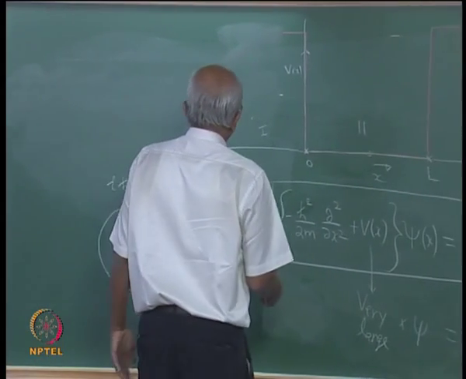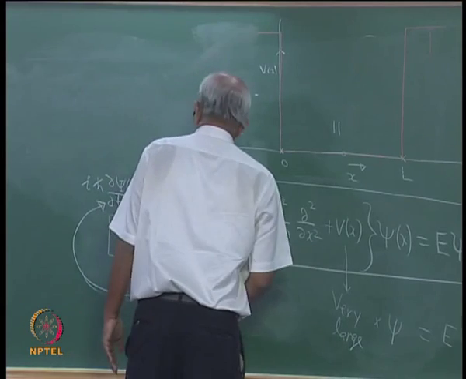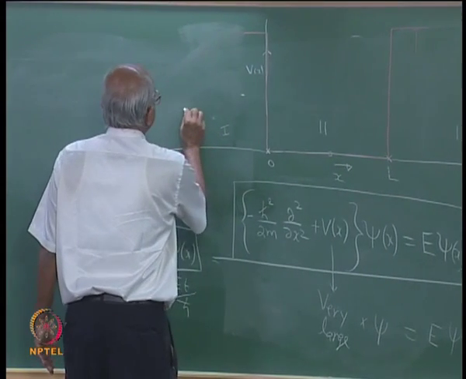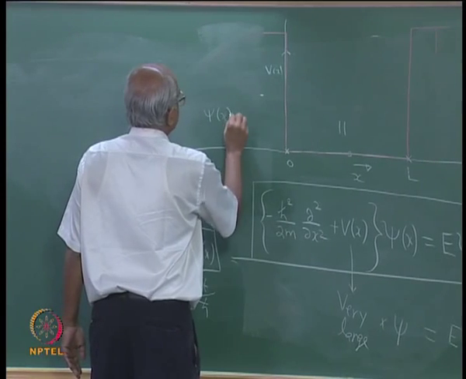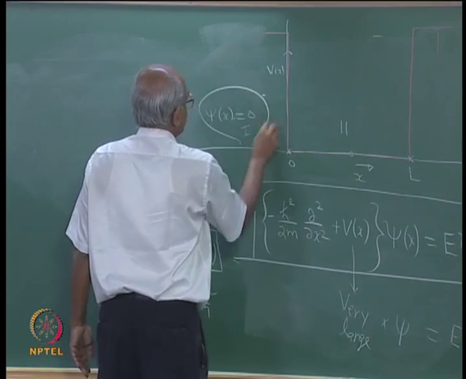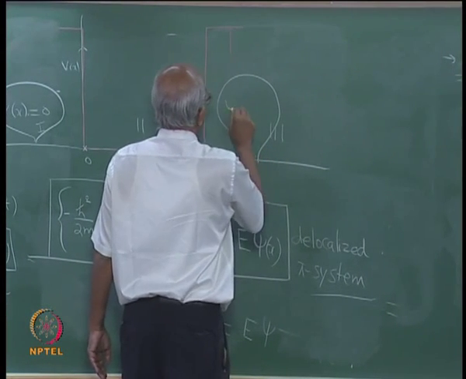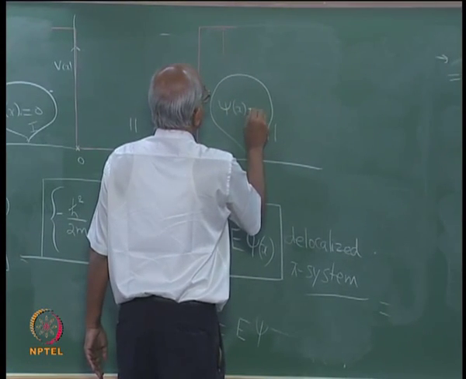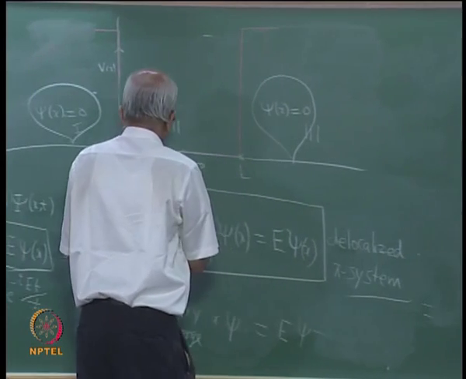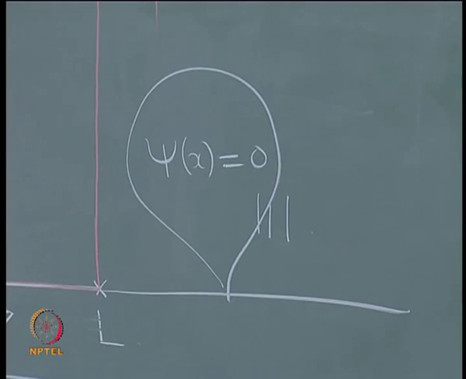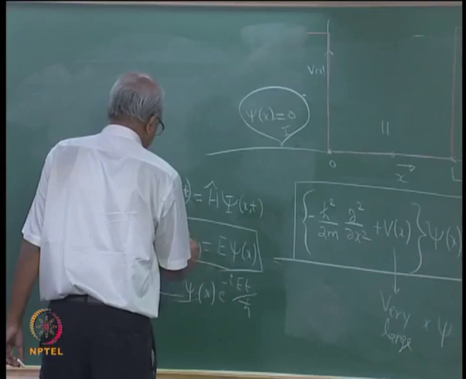So, after having solved it in this region as well as in region 3, what is the solution? I say that psi of x is equal to 0 here in this region, as well as in this region psi of x is equal to 0. So, therefore, what is left is to solve it in region 2, and in region 2 what happens to this equation? Well, I will have to remove this also.